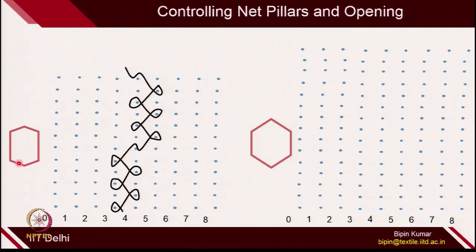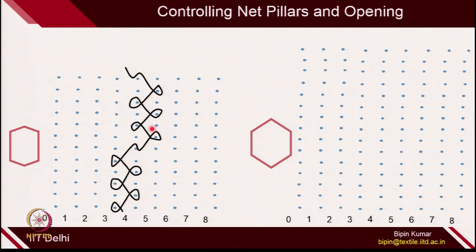So, here the transition length is much smaller and the pillar length is higher, because you are doing 5 courses of tricot followed by a transition for only 2 courses. Because of that the side length is very small. So, this one you can follow, this is the line which is made by this, and this is the side length which is smaller compared to the pillar length.